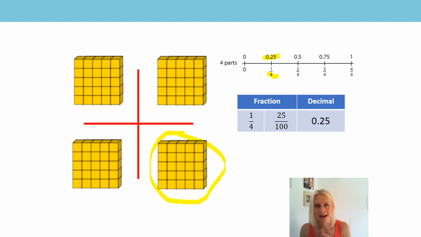How many tenths is that? Well done if you said 2/10. How many hundredths? 5 hundredths. So 2/10 and 5 hundredths is equivalent to 25 hundredths. Okay, I'm going to move on to one last problem.